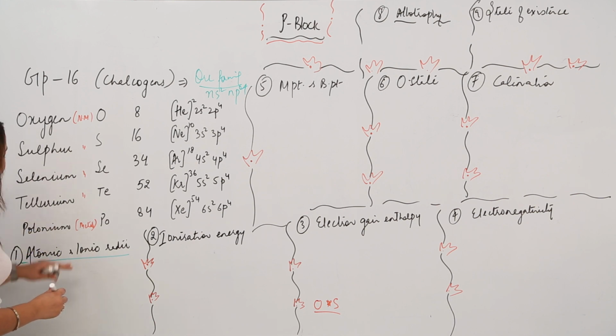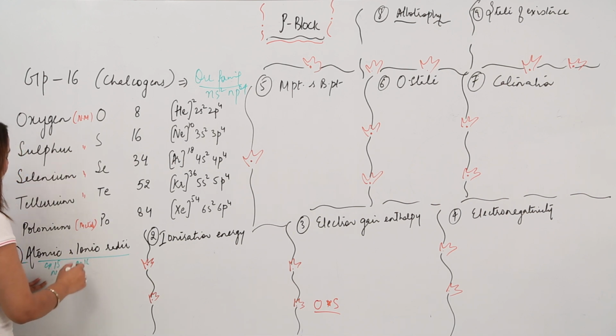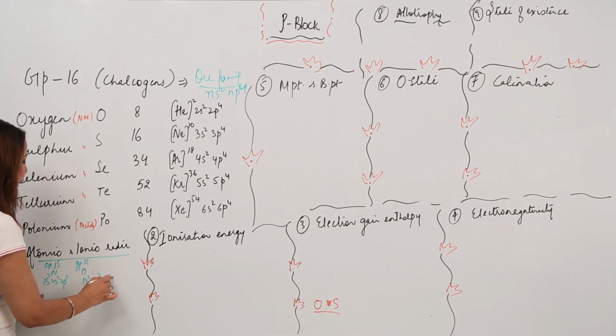Looking at the first property, atomic and ionic radii, the first thing we will do is compare with the previous group. If we compare group 16 with group 15, the nitrogen family, here the configuration is 1s2, 2s2, 2p3 and there it is 1s2, 2s2, 2p4.